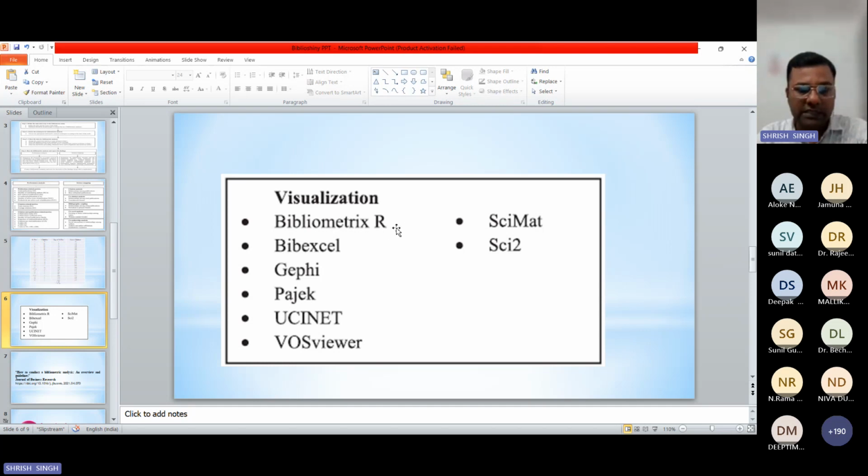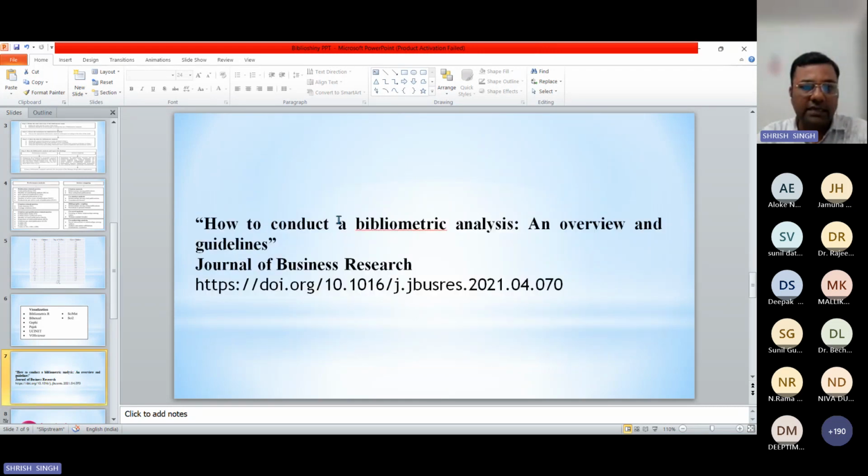We are going to cover this tool today. You can use these two tools simultaneously for reporting your results, or you can use any one of them, and you can write your paper using any of these tools, right?